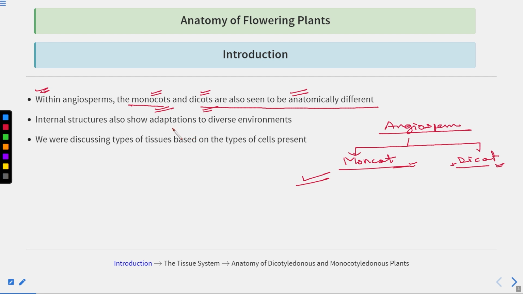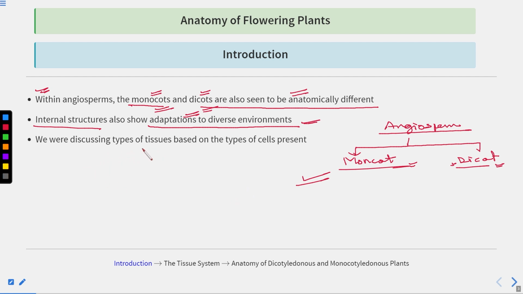Internal structure also shows adaptation to the diverse environment. Why are they showing the internal structure so different? Many plants show an internal structure quite different from the others, and this is just because of adaptation, because they have to live in a particular environment. There are so many diverse environments, so they show adaptation in those diverse environments, right?